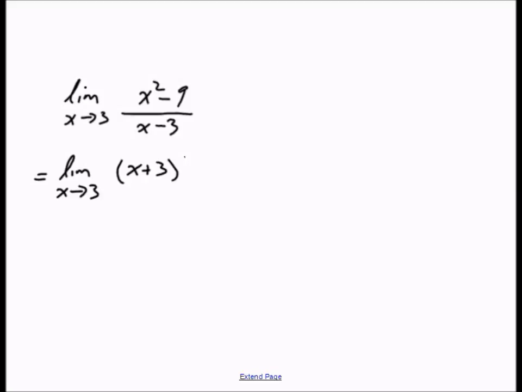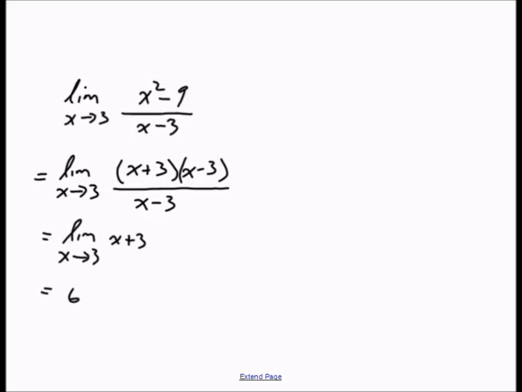This is a difference of squares, so x plus 3 times x minus 3. And of course, x minus 3 divided by x minus 3 equals 1, so we can essentially cancel those out. And we have the limit as x approaches 3 of x plus 3. Well, we know that that's going to equal 6.